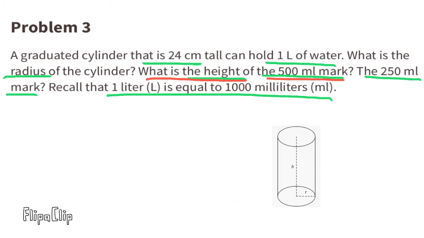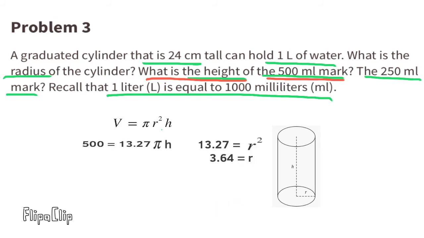We could have substituted the V with 500 and then figured out the height by solving for h. Divide both sides by 13.27 times pi, and h equals 12, or 12 centimeters. They also ask, what is the height of the 250 milliliter mark?